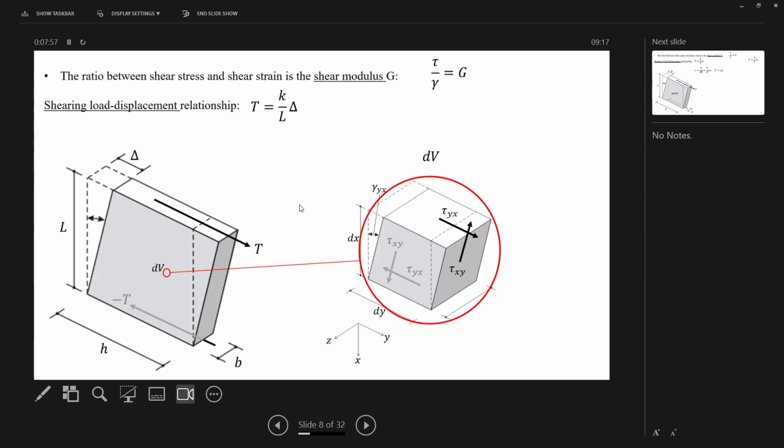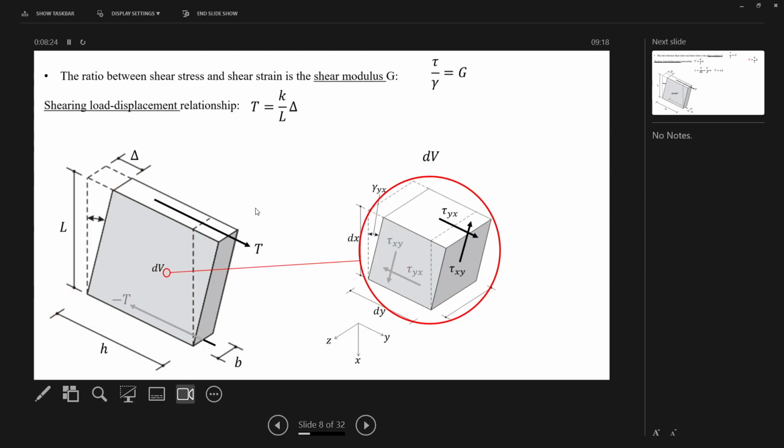When you come to see one of my tutorials, I've still referred to that as F. It's still a force. Okay? So force equals K divided by L, all multiplied by delta. You've all seen this equation before. The only thing that's different is the shear load displacement relationship. We've replaced F with T, and I get it.